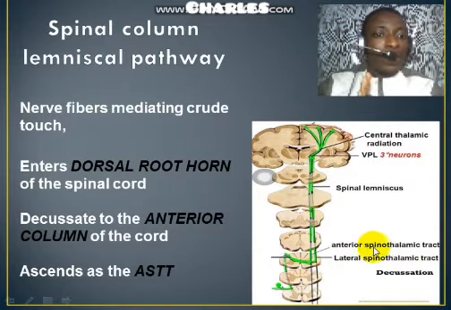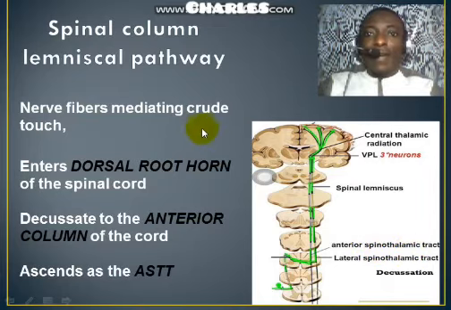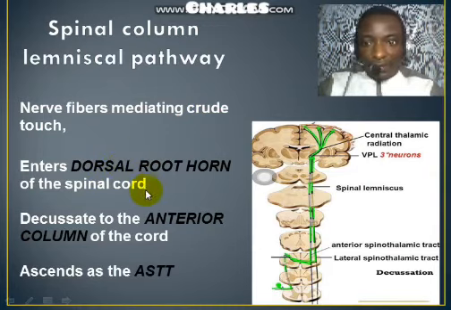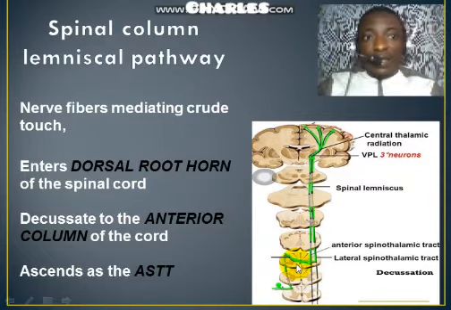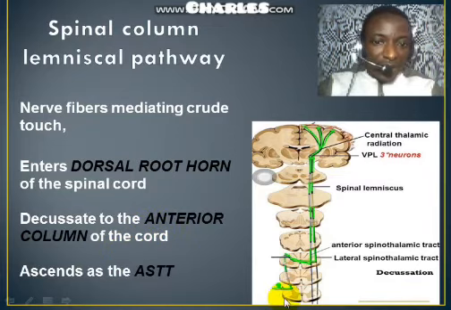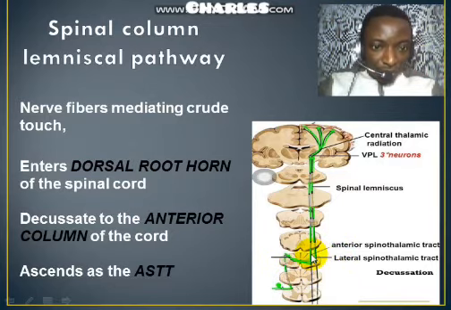For the anterior spinothalamic tract, nerve fibers carrying crude touch also enter through the dorsal root horn of the spinal cord. Now, when it enters the spinal cord, it decussates to the anterior column of the cord. It means that this fiber mediating crude touch, the anterior spinothalamic tract, enters through the dorsal root horn of the spinal cord.